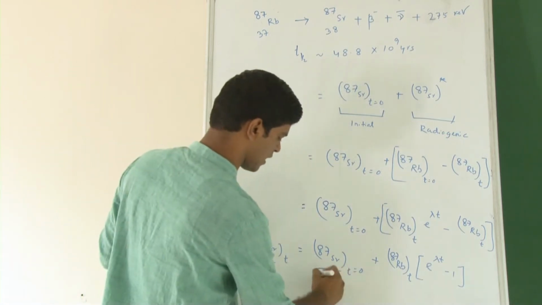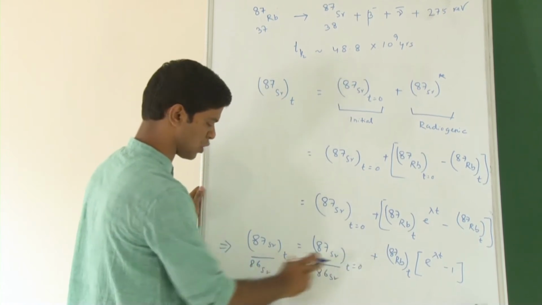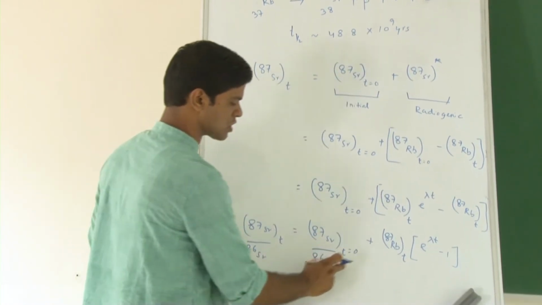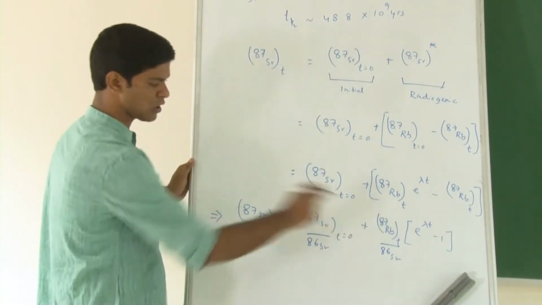So, if I divide that, whether T is equal to T or T is equal to 0, the 86 strontium should be the same. So, I have divided that with all the 3 terms.